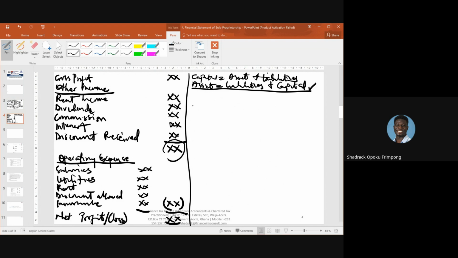Some of the assets, we can fully consume the benefit within the next financial year. So we are in 2025. By the end of 2026, we would consume all the benefits associated with that asset. And those assets are called what? Are called current assets.